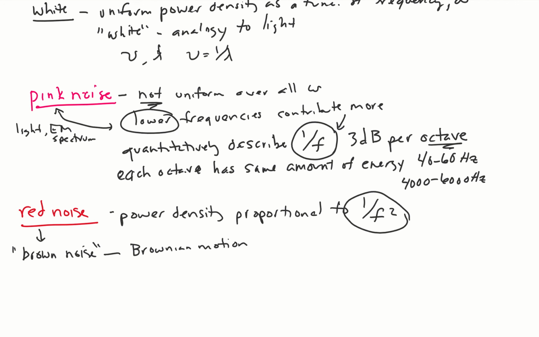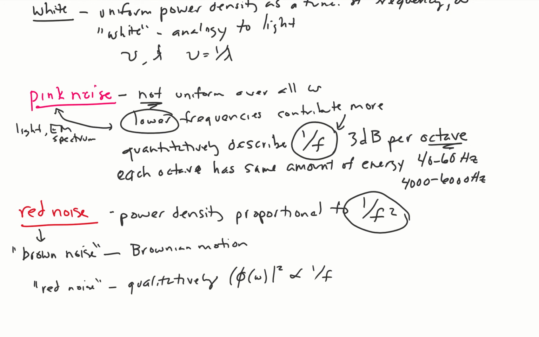But we can also just say in a qualitative fashion that red noise is going to be anything where you have higher contributions at lower frequencies. So qualitatively, this would be where the power spectrum is proportional to 1 over F in some dependence.